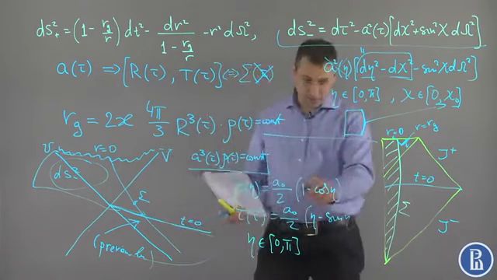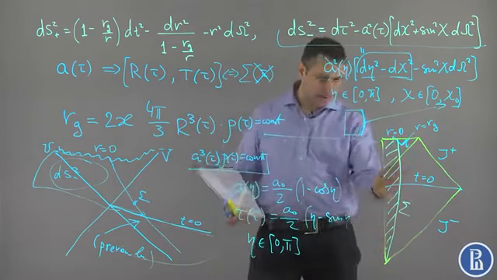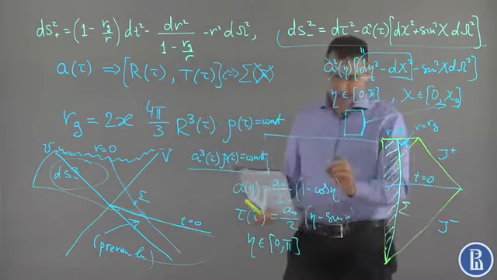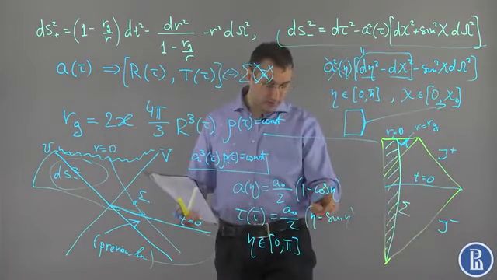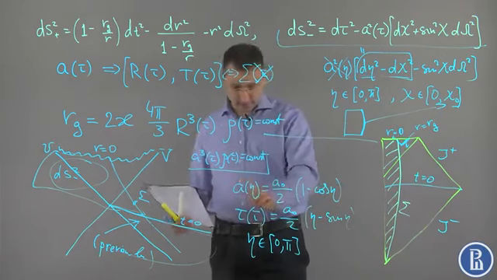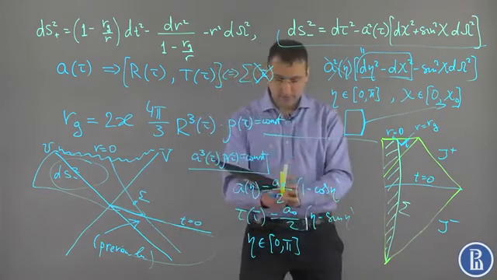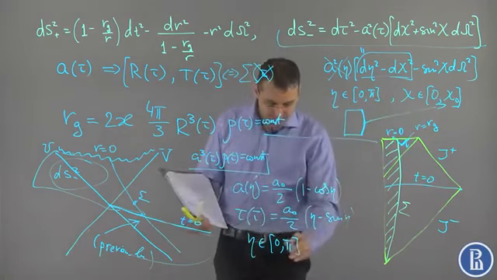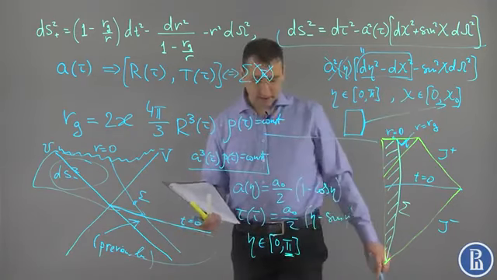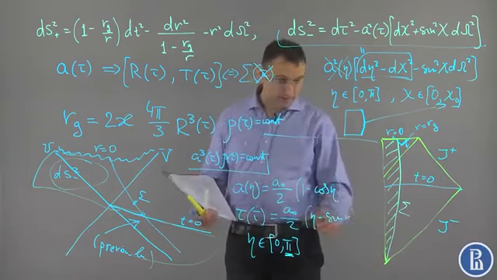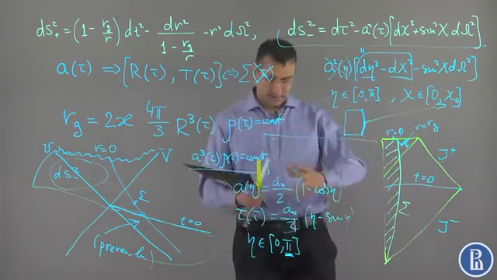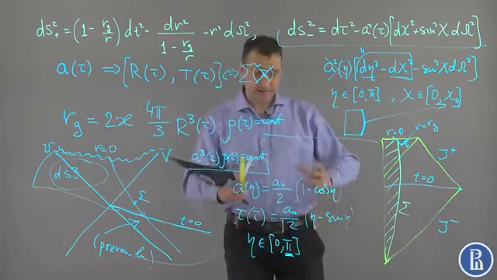That solution with the plus sign was describing the collapse. This solution is describing the reverse process. At eta equals 0, we have zero size of the ball, and it inflates, becomes bigger.